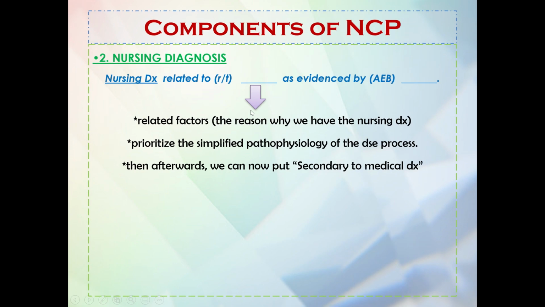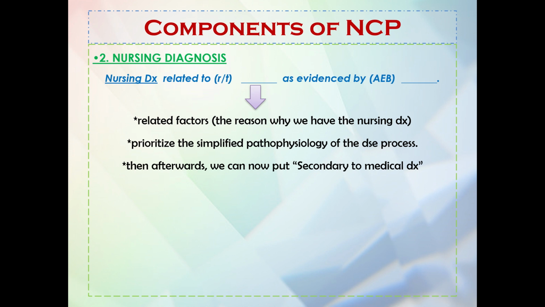But for now, that is how we write this related to. Again, the related to are the related factors, the reason why we have the nursing diagnosis. This is our priority, and we write it by simplifying the pathophysiology of the disease process. And then afterwards, we can now put secondary to the medical diagnosis.